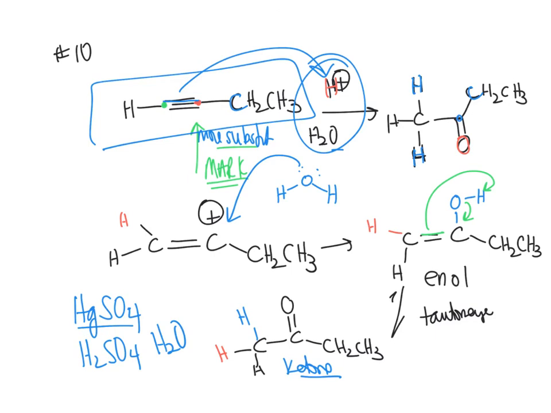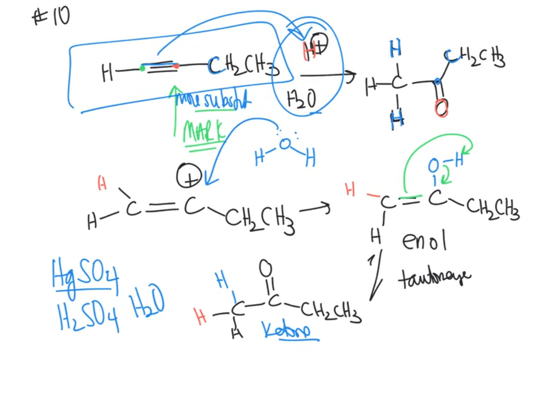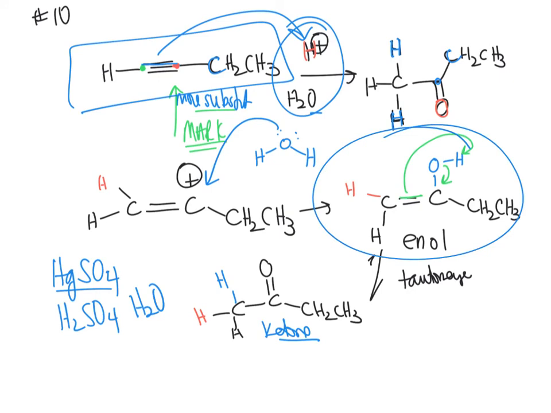And so what does C say? Draw the enol that would lead to the product drawn below. So that's what we just did. This is the enol right here that you would draw that would lead to this product. And is this enol a result of Markovnikov or anti-Markovnikov?